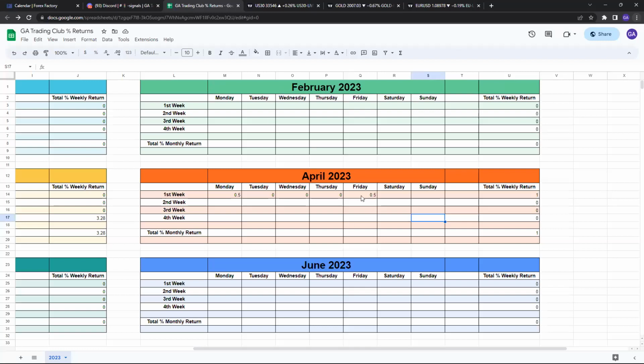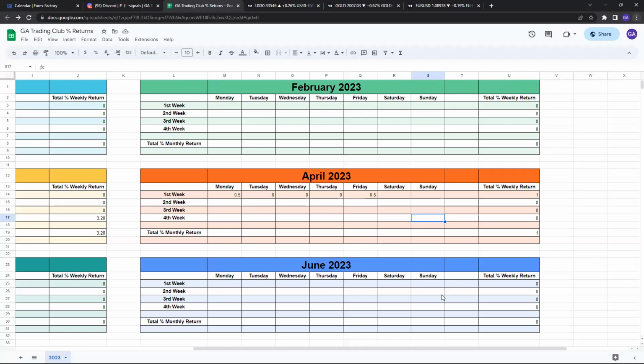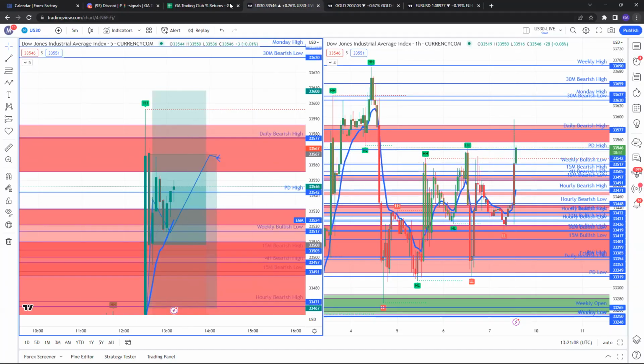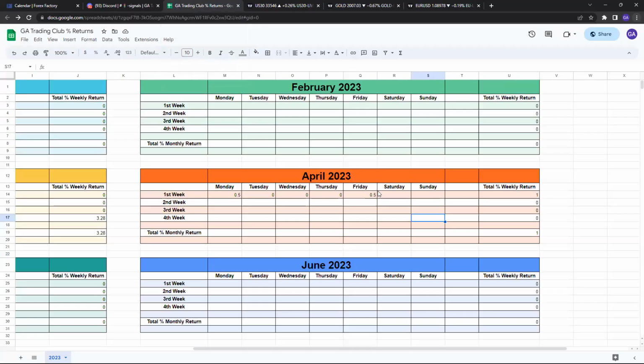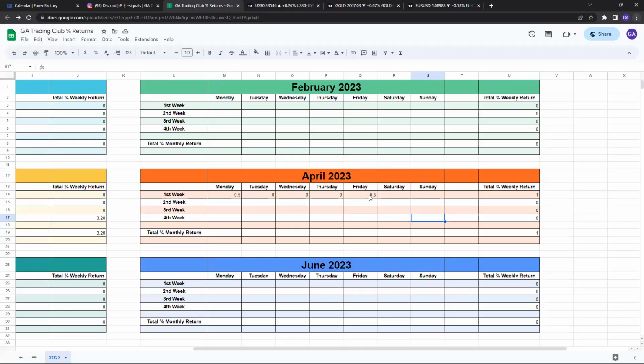But anybody who entered and got out when I said to, we were looking for a buy, you should have been up 0.5% for the day. For this current trade, I'm still in it, so I'm not going to update. I just updated the first trade, that somebody would have been up about 0.5 for the day.